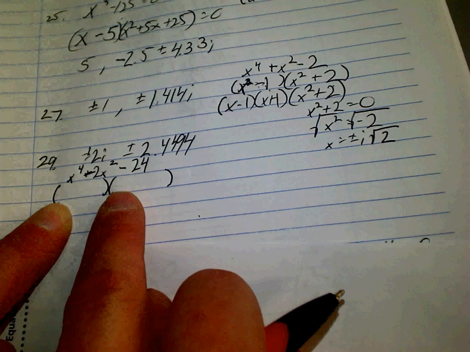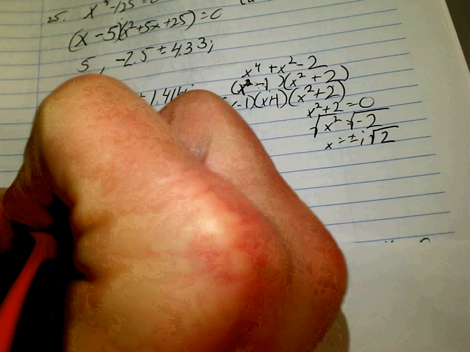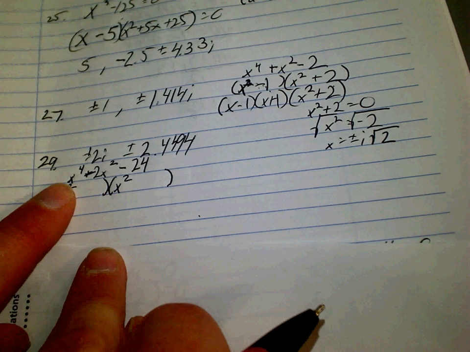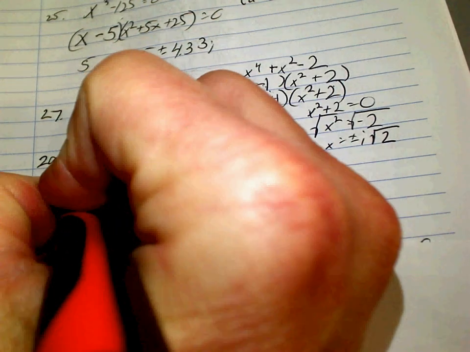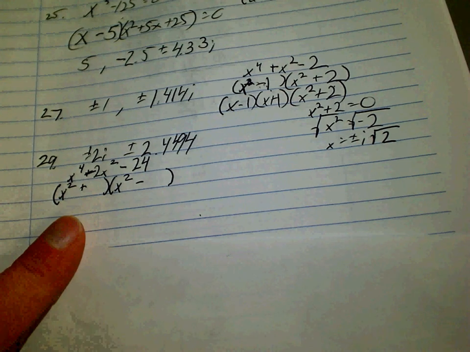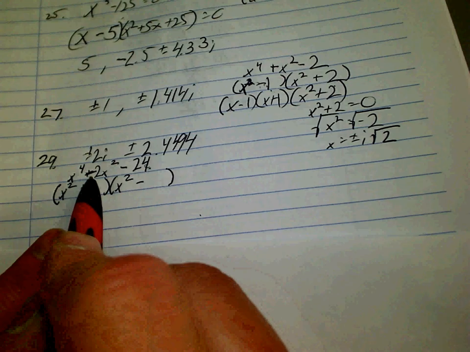What do you think the first are going to be? Yes. x squared and x squared can make x to the fourth. That's right. One's positive, one's negative. The middle is negative, so I like using 6 and 4 to make 24 and end up with a negative 2. Where should the 6 go?